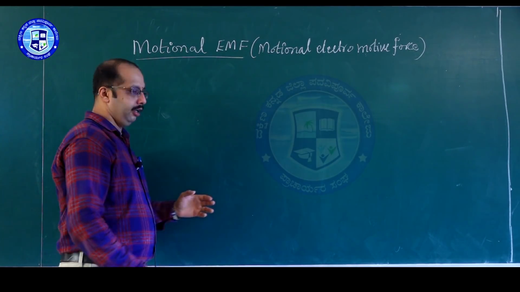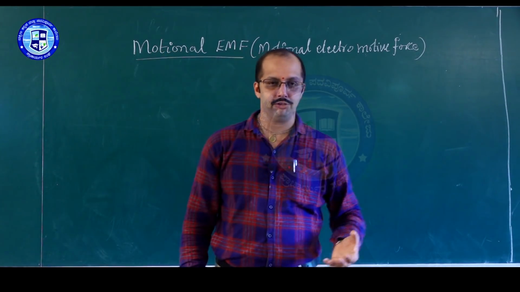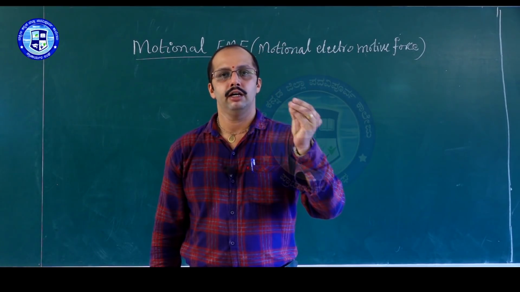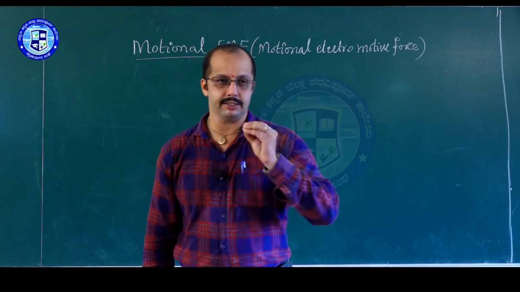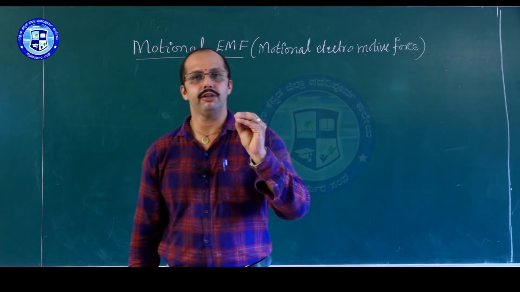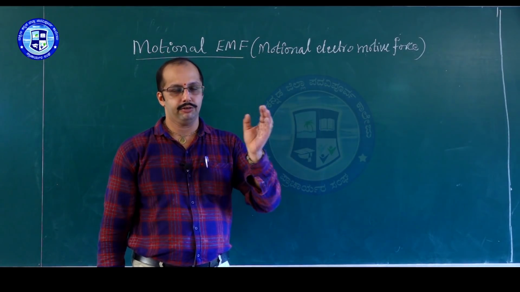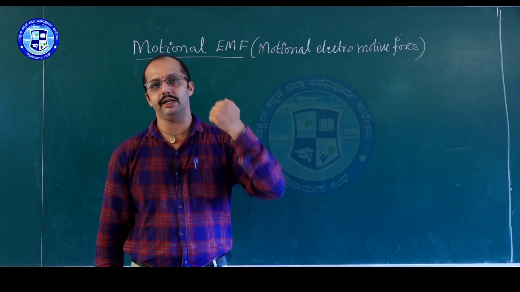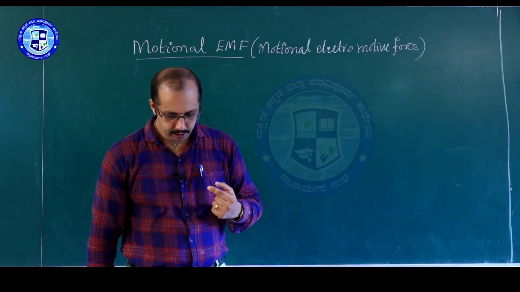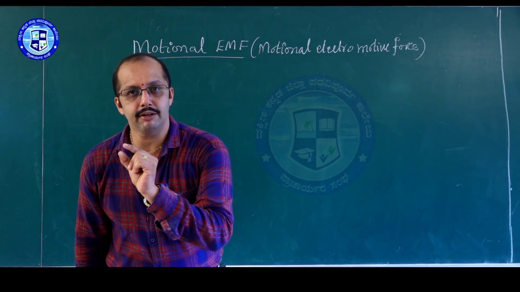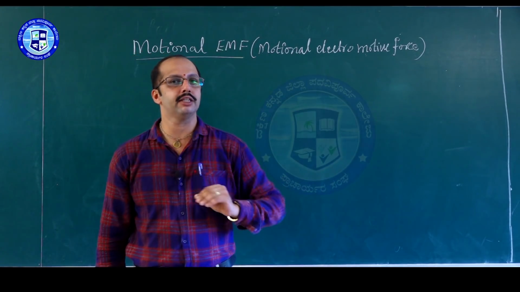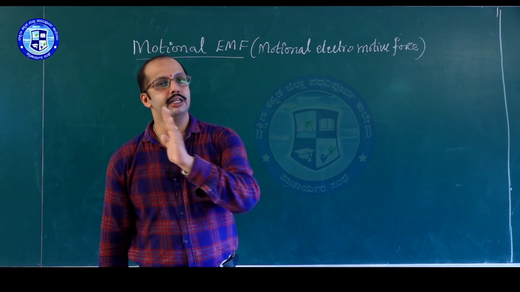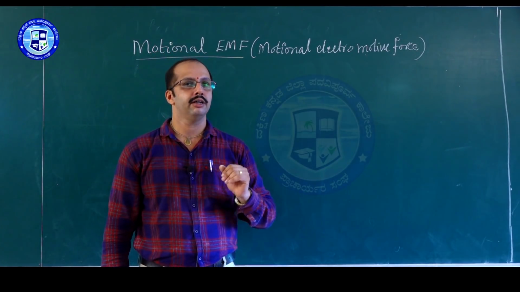So, in the previous discussions, we considered that a change in the magnetic flux induces EMF. If you consider a change in magnetic flux, EMF is induced in a coil or a conductor. So, does only a change in magnetic field lines induce the current?